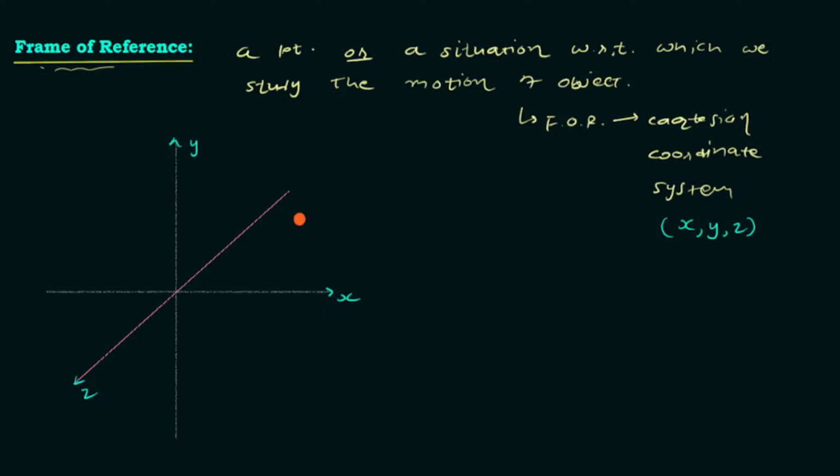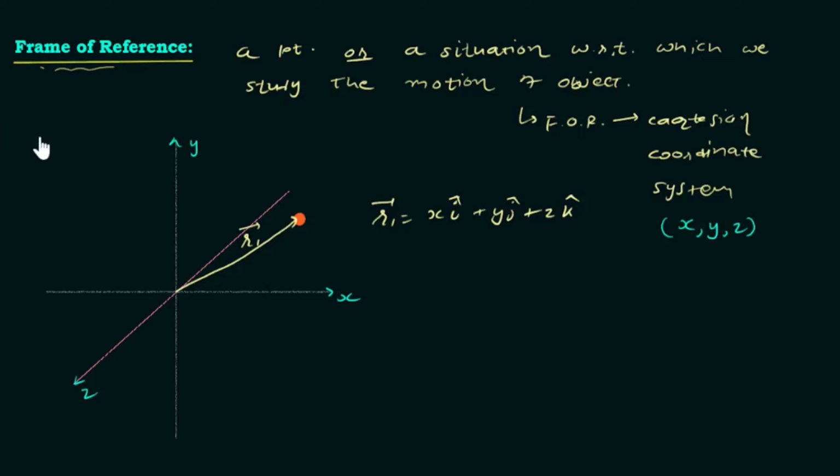Consider a point here. This particular point has position vector r1, so I can write r1 as x i cap plus y j cap plus z k cap.